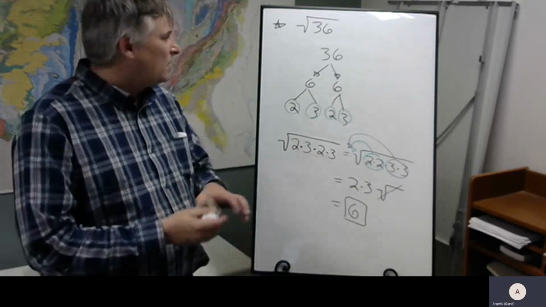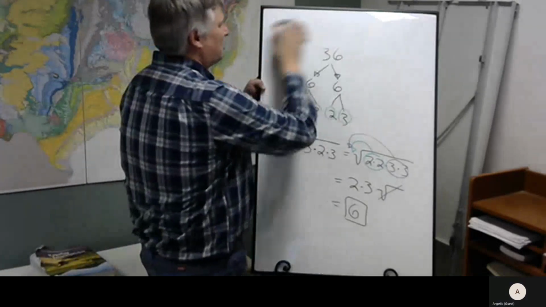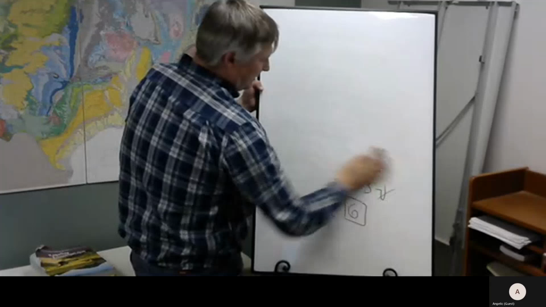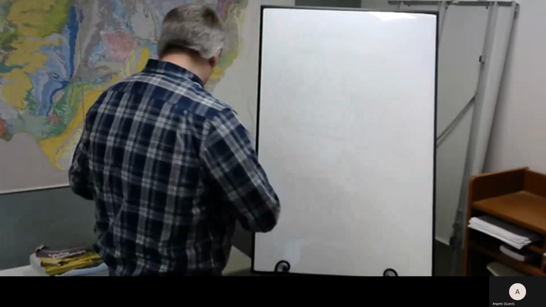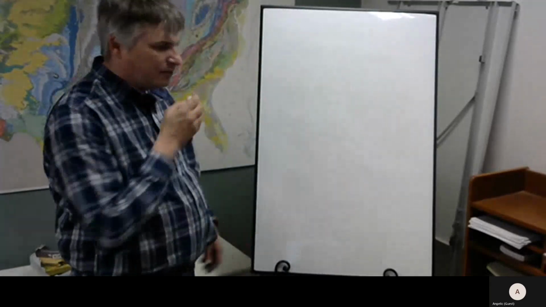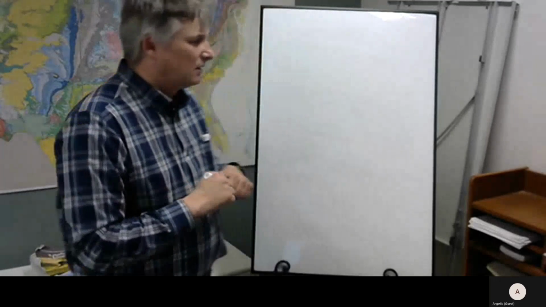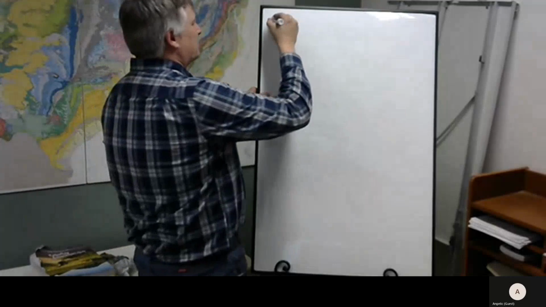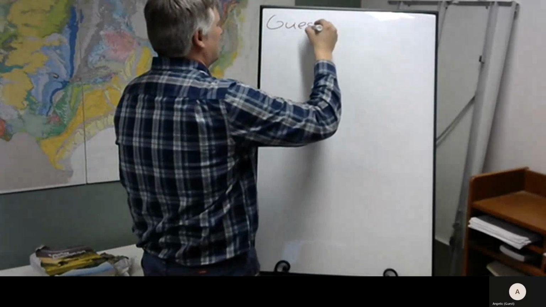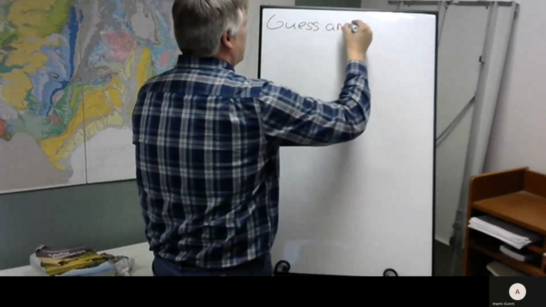Okay. Well, for these problems, I want to show you the factoring techniques. There are a couple factoring techniques, and I'll go over those in more detail. We looked at them very briefly last time. So the first one I want to go over is what's called guess and check.